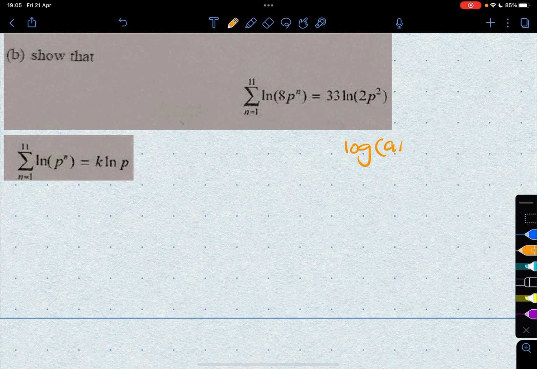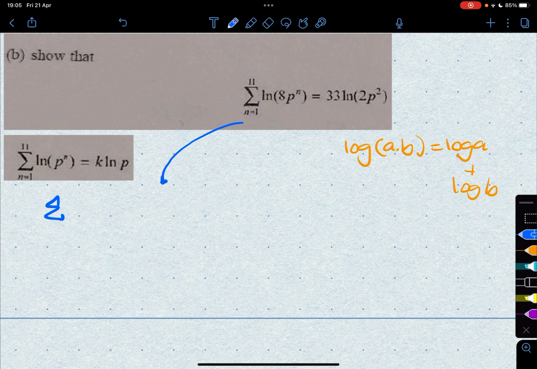So log ab is log a plus log b. So we can probably write this as the summation of log 8 plus log p to the n.